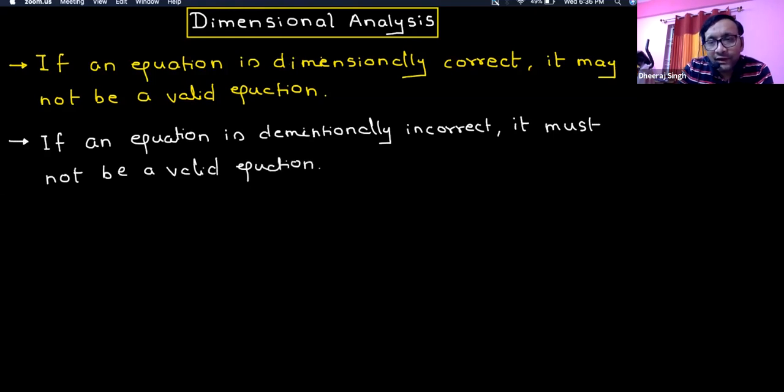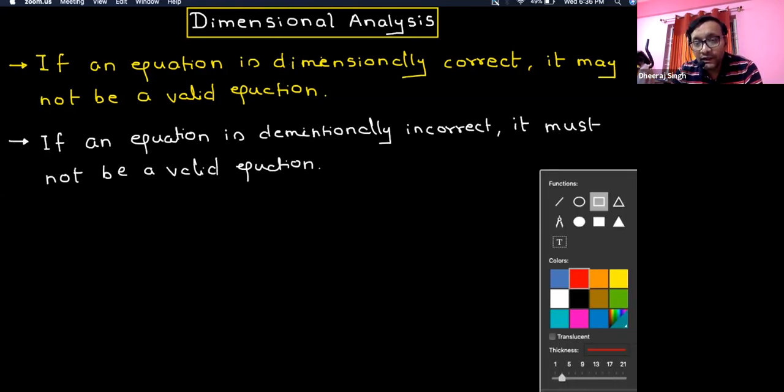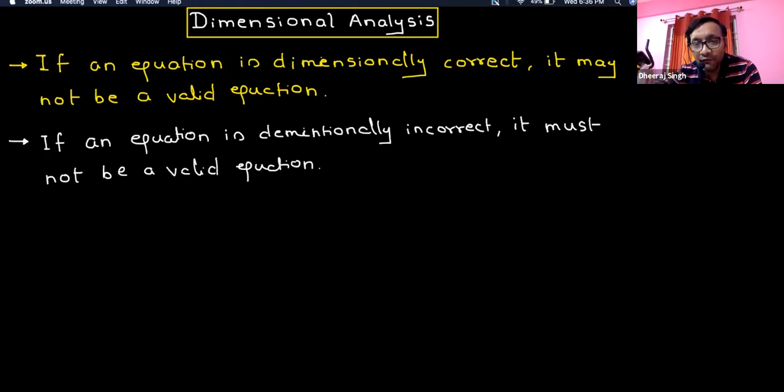So the first statement doesn't give us anything. The first statement is it may be, it may not be. But the second statement is a solid statement which tells us something definitive, because there is this word must. So every equation should be dimensionally correct.